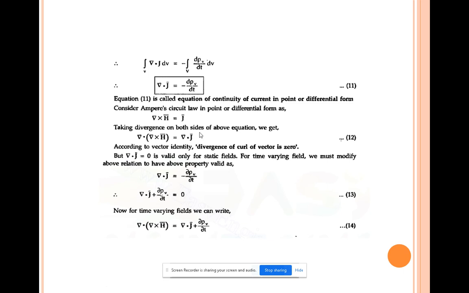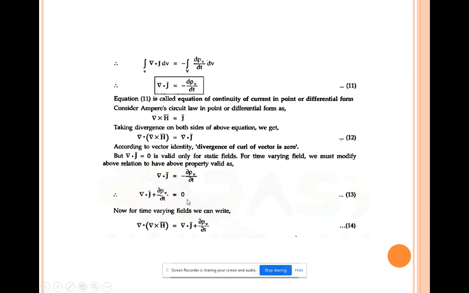That is for the static field, steady state field. Electric field or magnetic field, if it is in the steady state, it is not varying with time. Okay, then this will be equal to 0. But if it is a time varying field, it will not be equal to 0. You will be having some term.